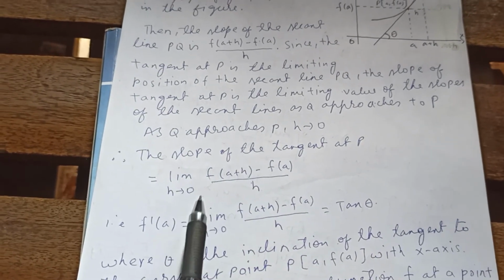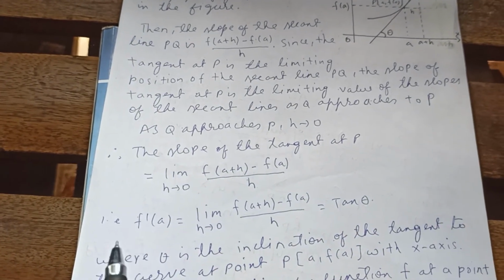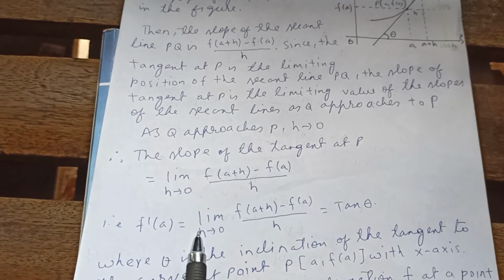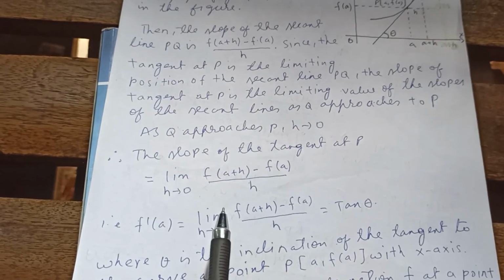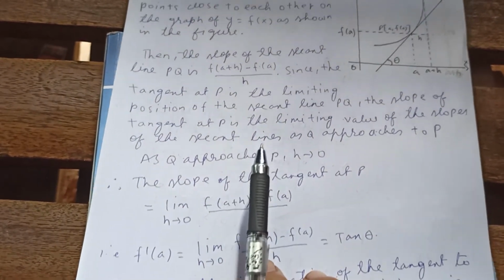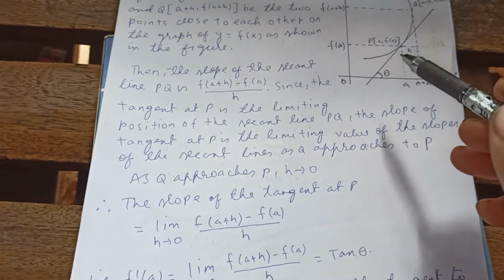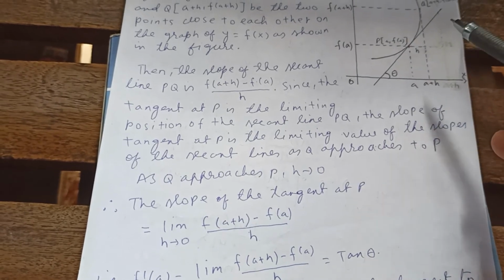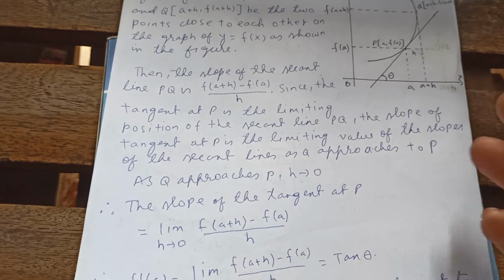So this is what we call the derivative. Okay, so f prime of a, the derivative at a, is equal to the limit as h tends to 0 of f of a plus h minus f of a upon h. So we know that the slope of a tangent at this point P is what we call the tangent of this theta, the angle between this line and this x axis.